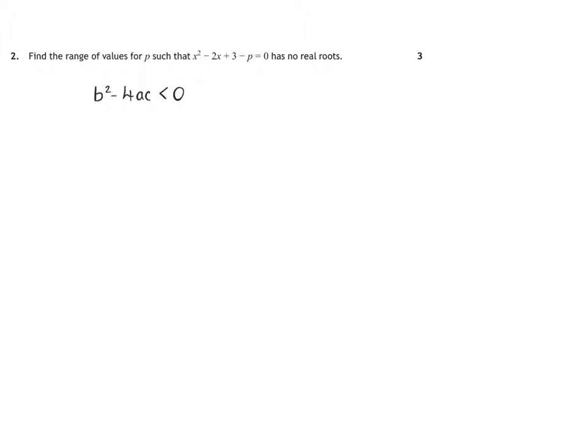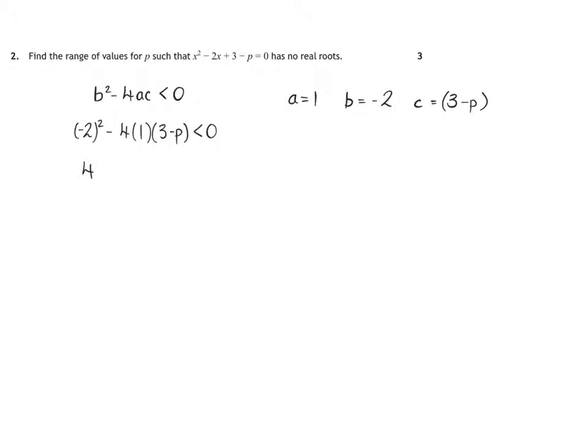So for this equation we know that a is 1, b is minus 2, and c is equal to 3 take away p. Because it's everything that isn't a coefficient of the x or the x squared that is our c. So we're going to have minus 2 squared take away 4 times 1 times 3 take away p. It's got to be less than 0.